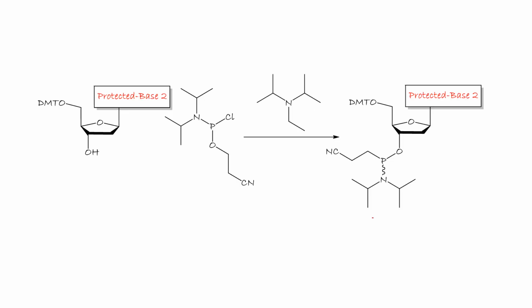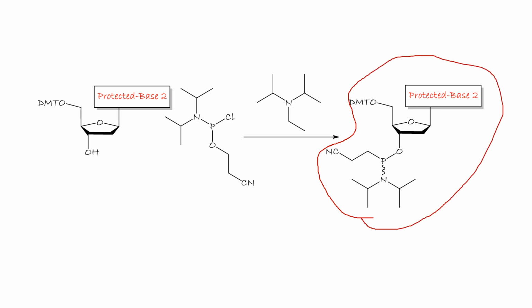We can get the second piece of the puzzle, this molecule, by reacting again a protected nucleoside, with a protected base and a protected OH as O-trityl at C5', having the OH free on C3'.